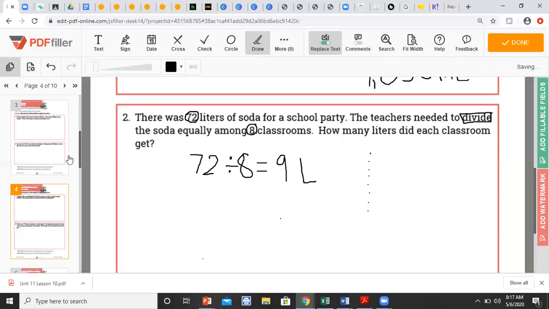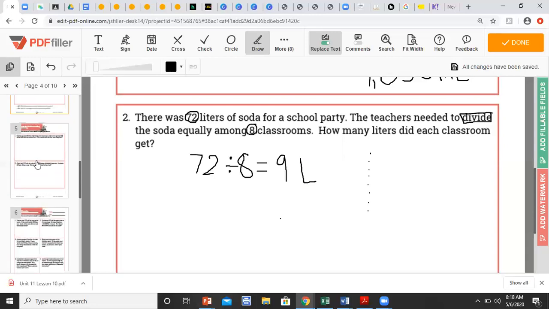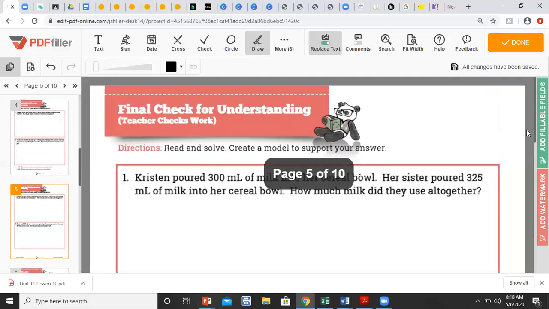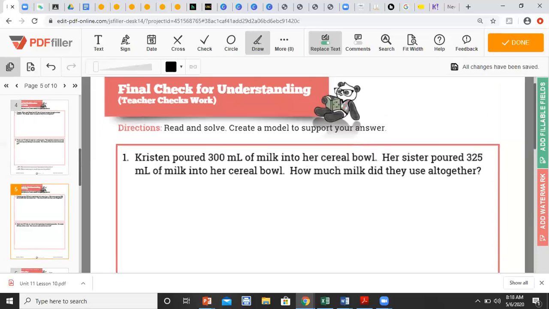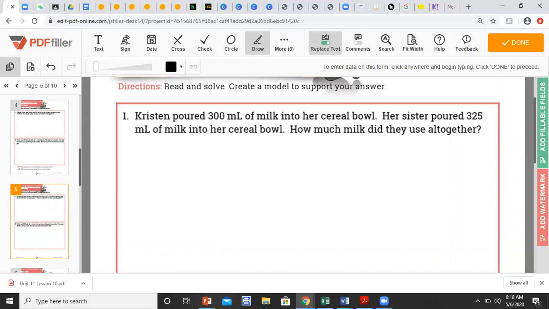It is now your turn to look at the final check for understanding. Kirsten poured 300 milliliters of milk into her bowl. Her sister poured 325 milliliters of milk into her cereal bowl. How much milk did they use all together? All together is your key word there.